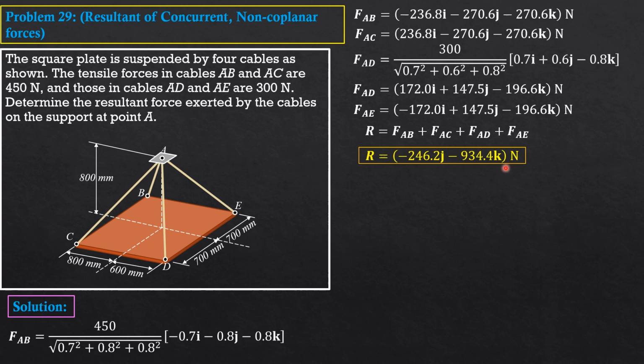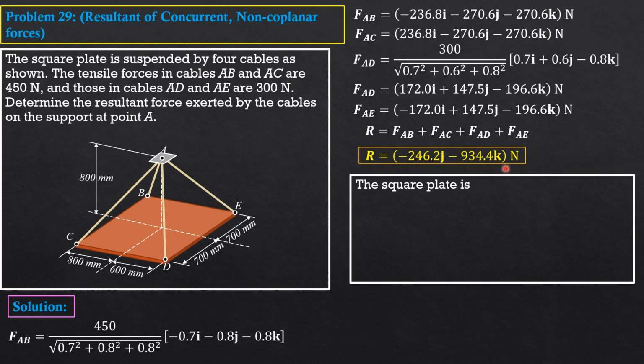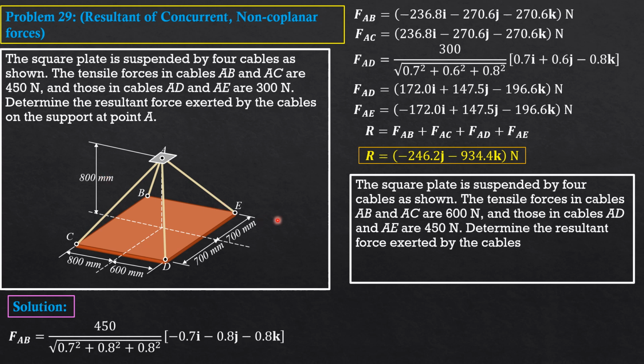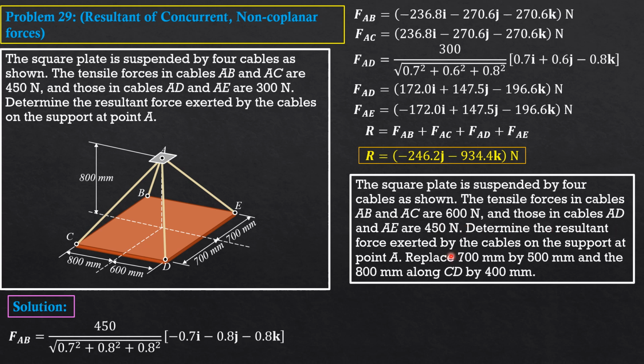Then for your part, here is the problem. Same figure. The tensile forces in cables AB and AC are 600 newtons, and those in cables AD and AE are 450 newtons.